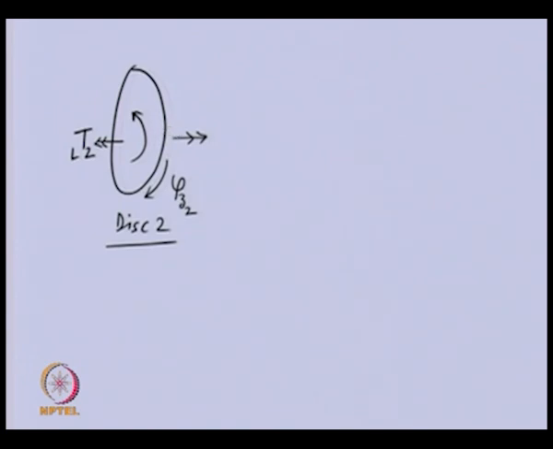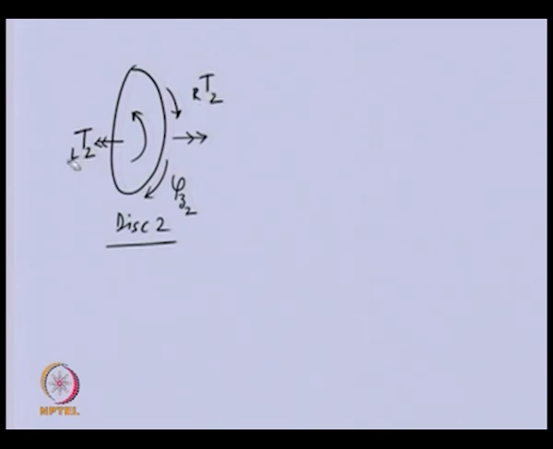So, the torque on the right of disk 2 we represent as T with subscript R, which represents the right side of disk 2. We should understand this terminology carefully, because we will now be using it very frequently.